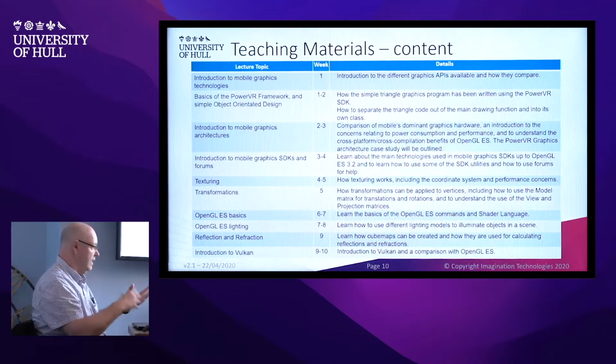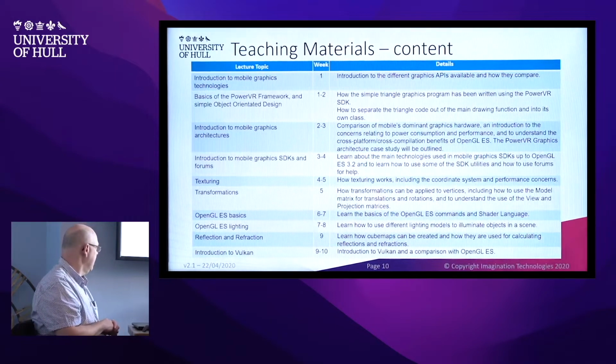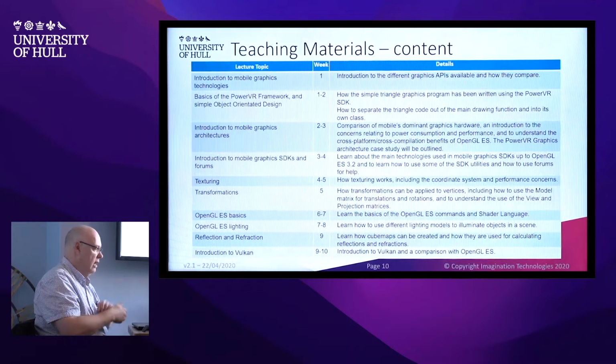How do we do lighting directly on the GPU? Reflection, refraction. These have been available since OpenGL 2.0. And also an introduction to Vulkan, in particular the comparisons with OpenGL ES.